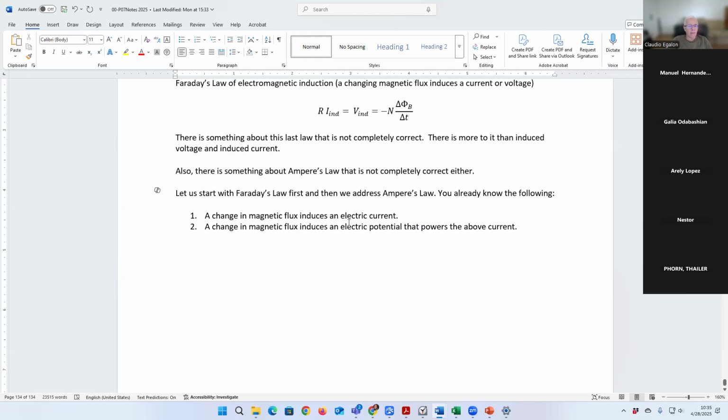A change in magnetic flux induces an electric current. A change in magnetic flux also induces an electric potential that powers the above current. Then, like I mentioned before, I have some news for you. This is not the whole story, only part of it. And the story is much more interesting than that.